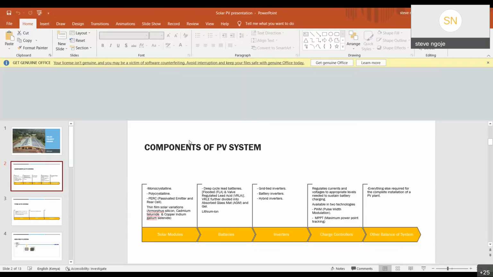in this system you'll not get the required output from your module, because pulse width modulation will force the voltage lower.